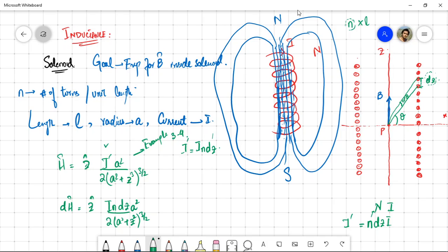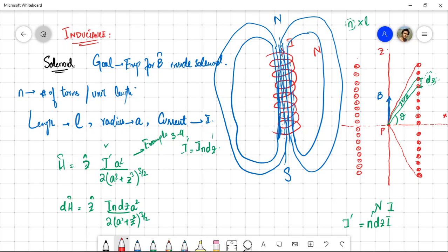There is another thing that we need to take care of: we need to integrate this expression for this whole surface, for this whole solenoid. Then we'll need to take the integral from this last extreme point to this starting extreme point.